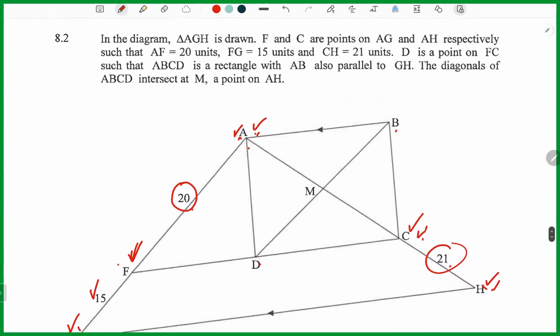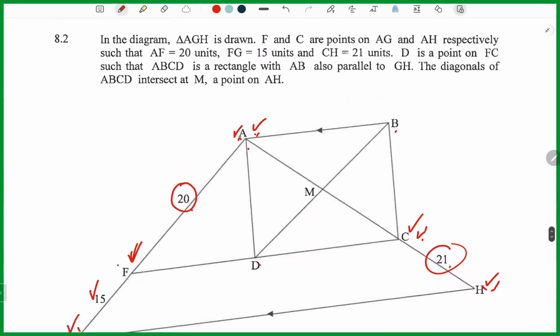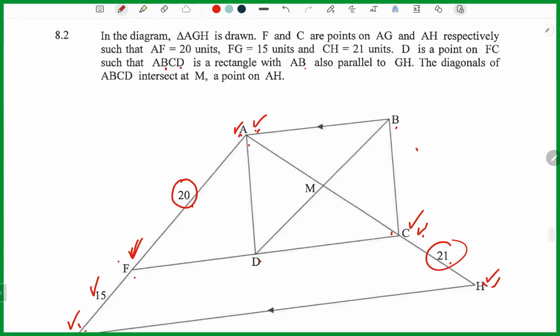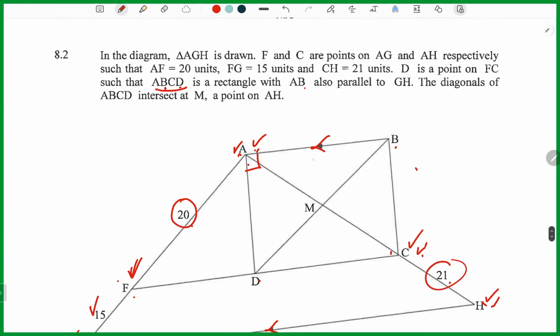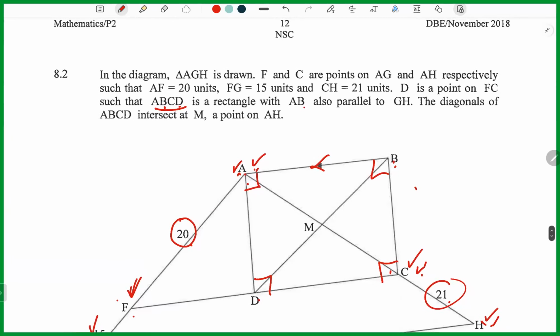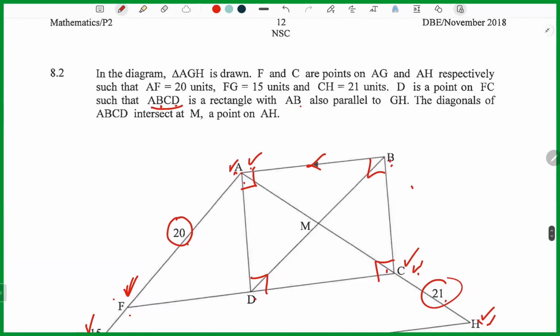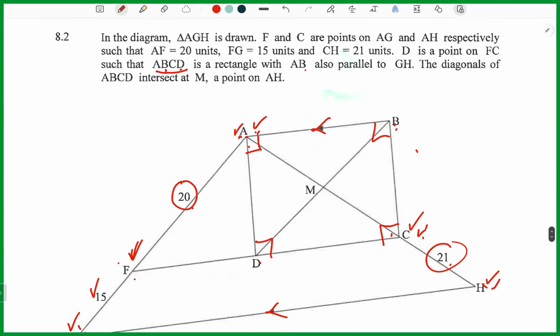So D is a point on FC such that ABCD is a rectangle with AB parallel to GH. We have AB parallel to GH, and you can see they're parallel there. Obviously, since ABCD is a rectangle, the interior angles themselves have 90-degree sizes.